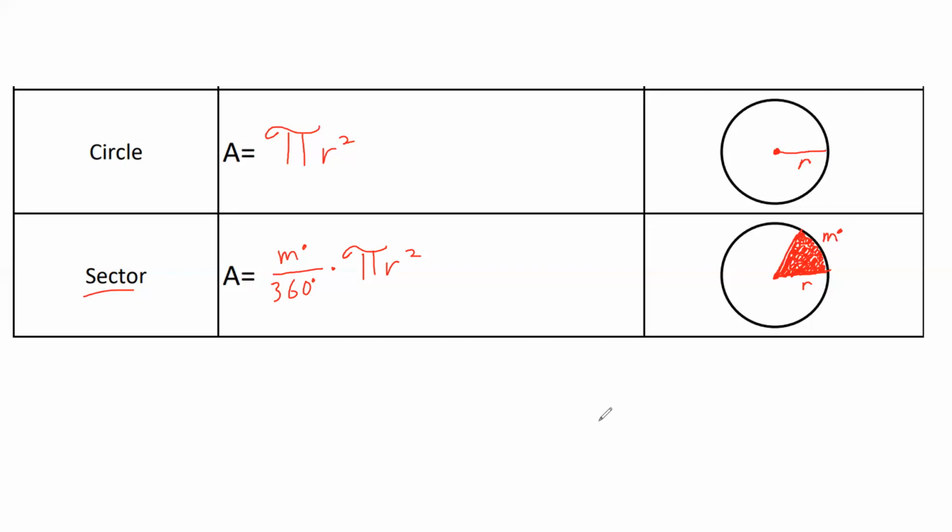Everything that we do with three-dimensional shapes, whether surface area or volume, a lot of them refer back to these formulas, because if I want to find the area of one face or the area of the base or the volume of the figure, I have to do one of these area formulas first before I can do anything else. So we are going to use those formulas over the next few weeks.